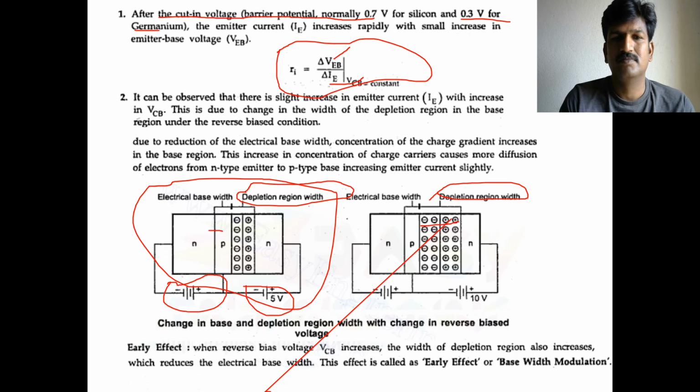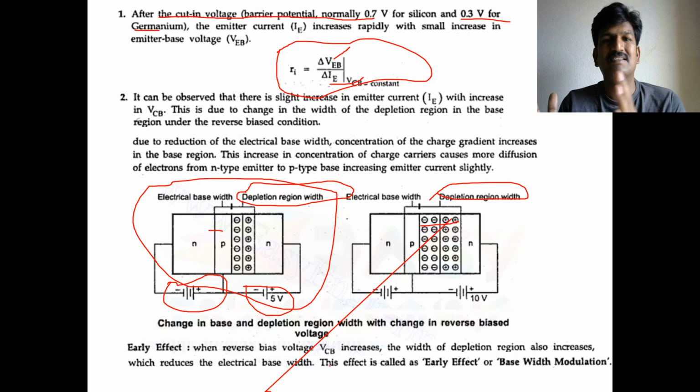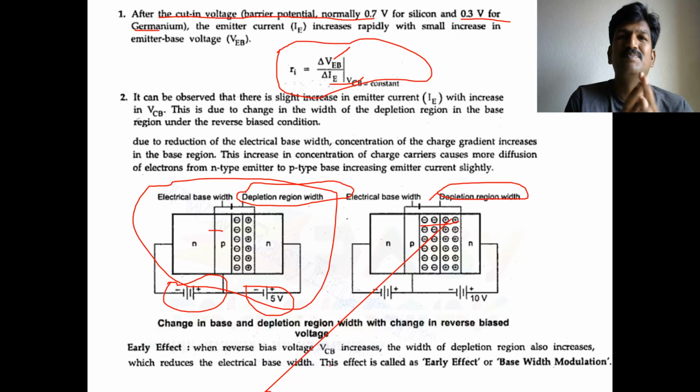Early effect. You should understand that when the reverse bias voltage, that is VCB, whatever you are giving externally by power supply, increases, the width of the depletion region also increases, which reduces the electrical base width. It means that when the depletion region is extended in the collector region as well as the base region, it extends less into the collector area and more into the base area.